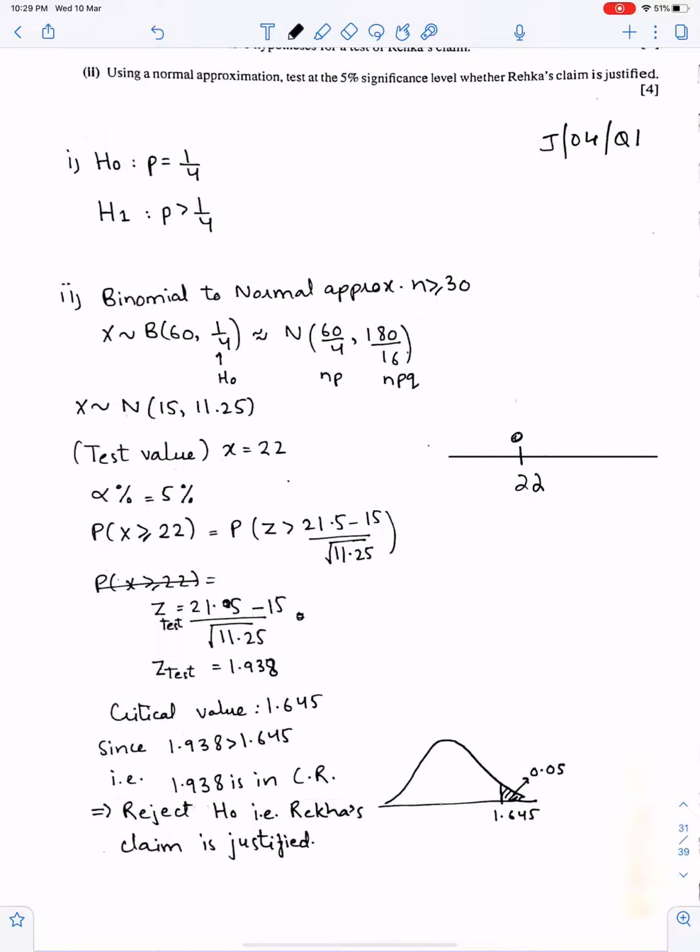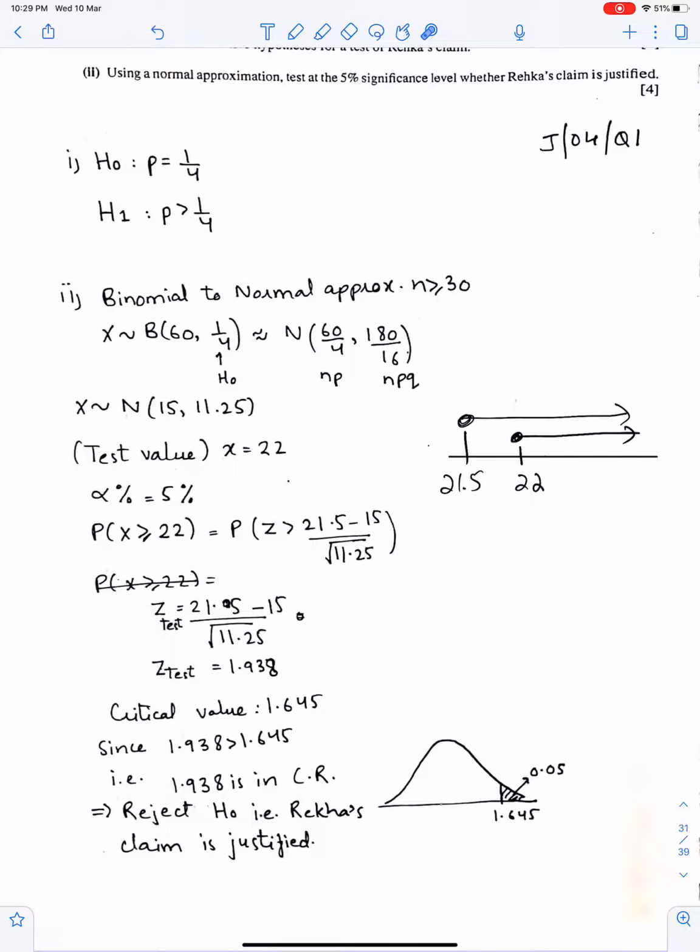So this is of binomial distribution and this is the normal approximation. Take the lower bound. Whenever you go on the right side, we always take the lower bound. So 21.5 is here. And this is np and this is npq.